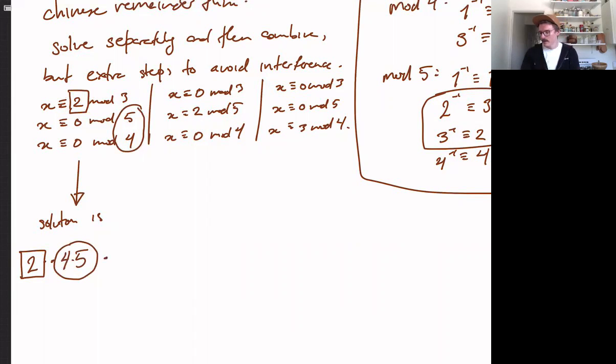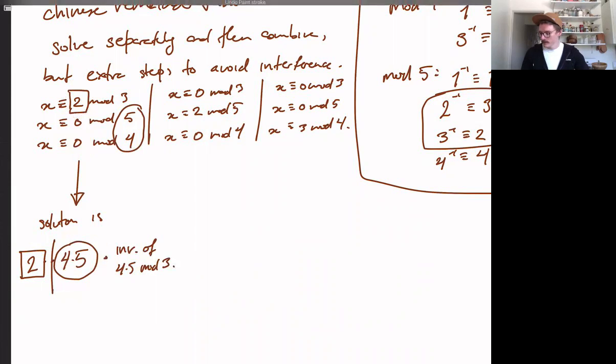But then you're no longer going to get this thing if you change your solution. So you have to change it back. So you multiply by the inverse of 4 times 5 mod 3. So then this is ensuring that you get the zeros here and here.